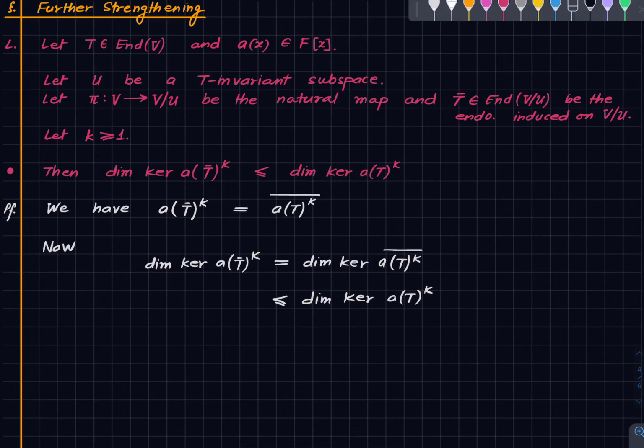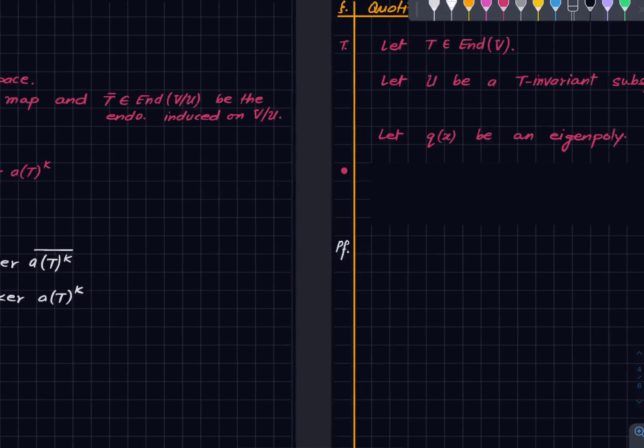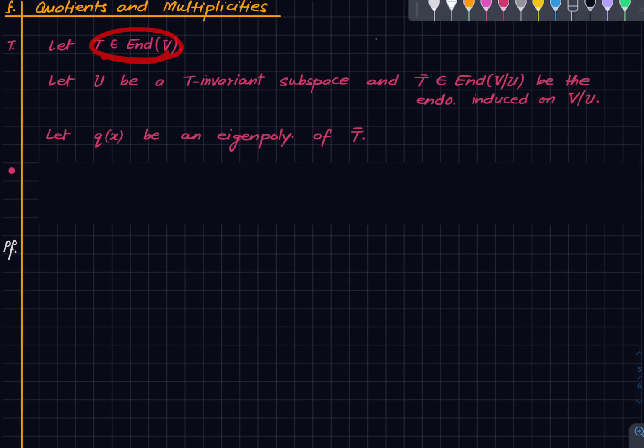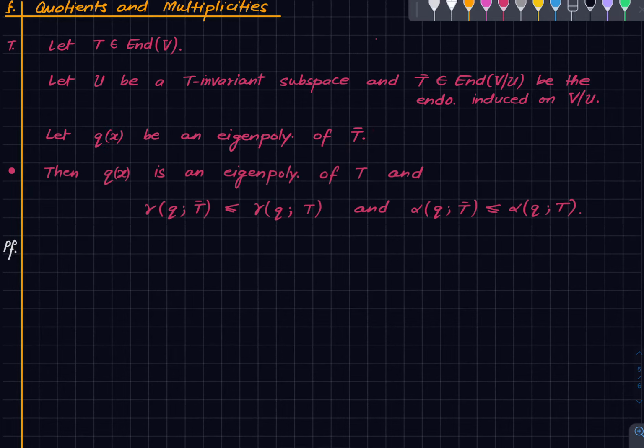Okay. So finally, fix an endomorphism T on a vector space V. Fix a T invariant subspace, and T bar be the induced endomorphism on the quotient. Fix an eigenpolynomial of T bar. So then the same thing is also an eigenpolynomial of T. And further, the geometric multiplicities behave this way.